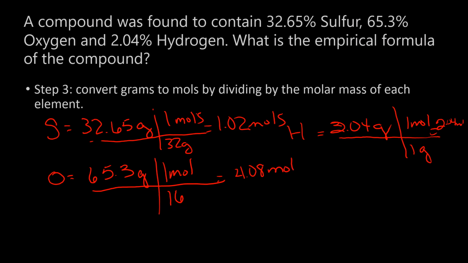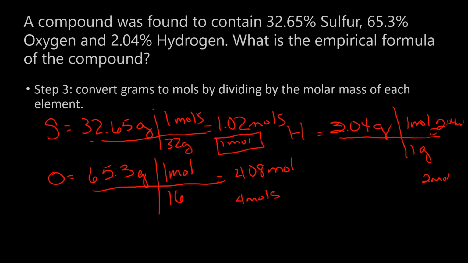Now when we look at these numbers, these are all close to whole numbers, within 0.1, less than 0.1 or greater than 0.9. So they can be rounded up or down to the nearest whole number. So we have 1 mole here, 2 moles here, and 4 moles here. So we need to find which one is the smallest.